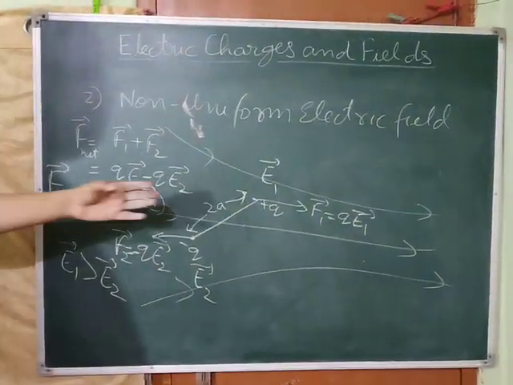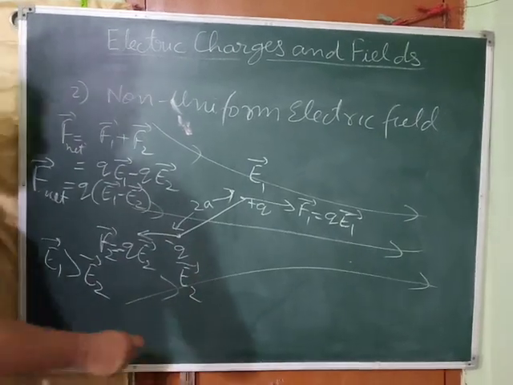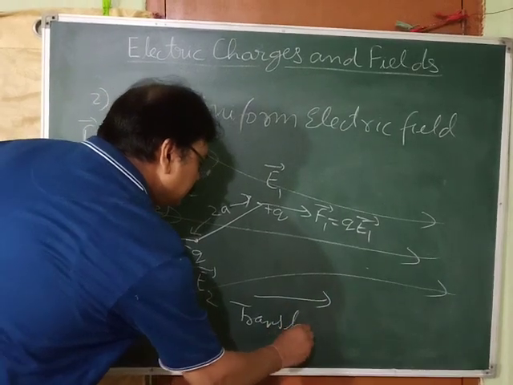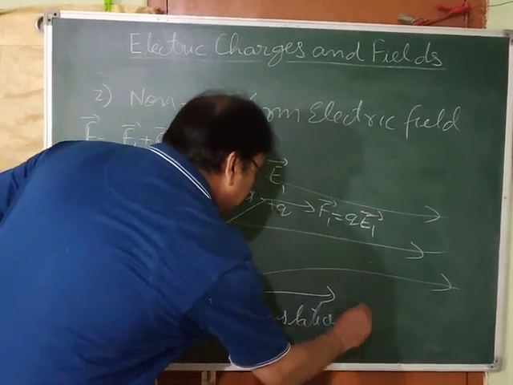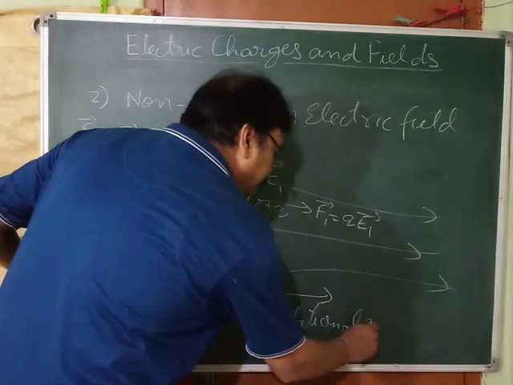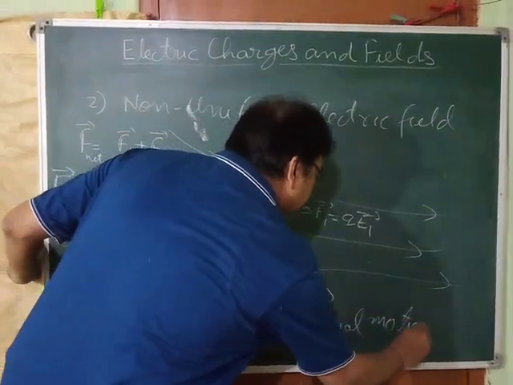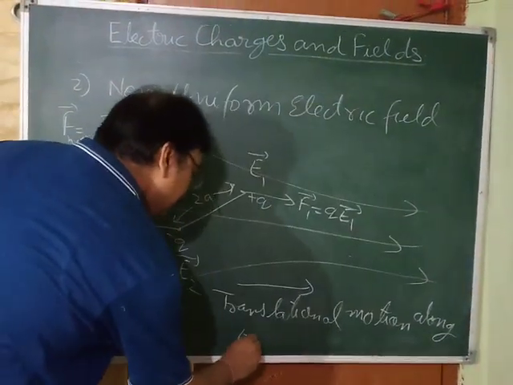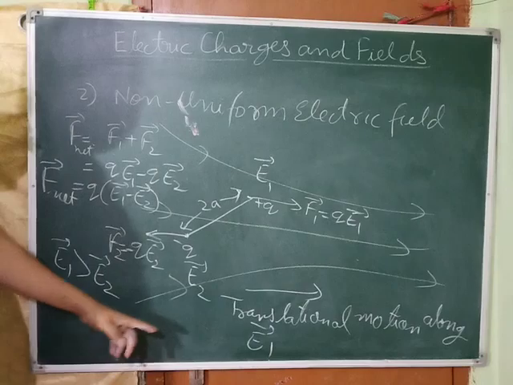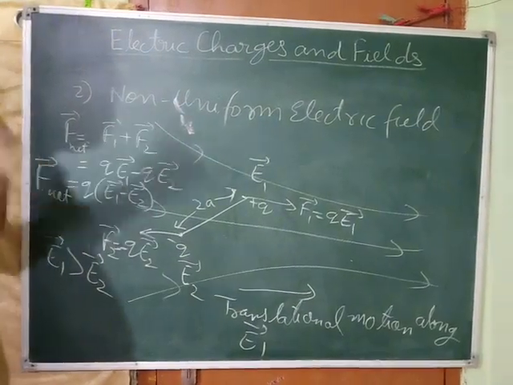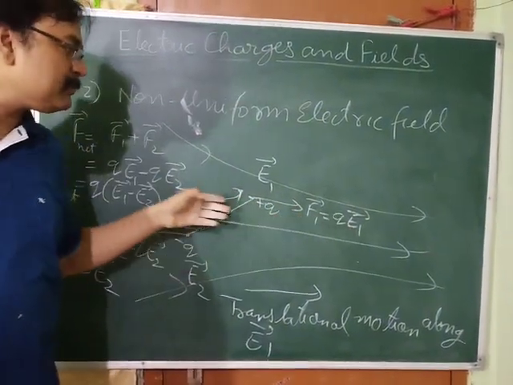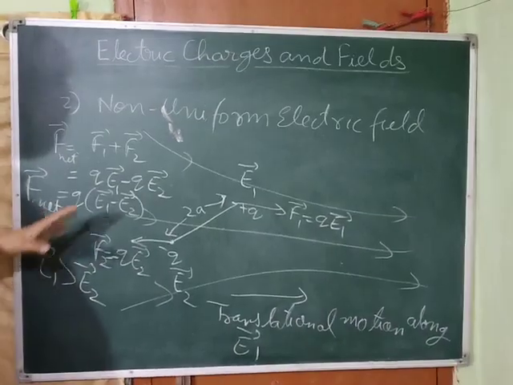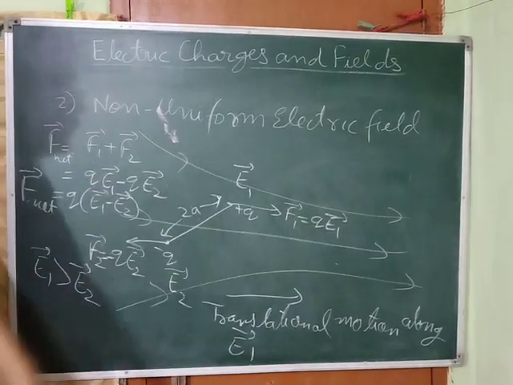And due to this net force acting on the dipole, the dipole will have a translational motion along the direction of E1, in that direction. So due to the net force, it will have translational motion along the direction of E1.